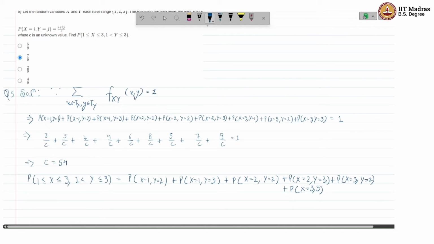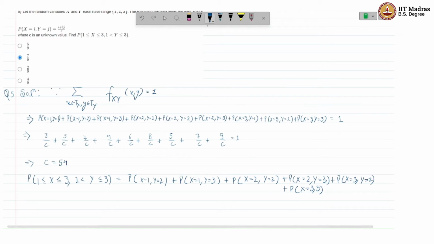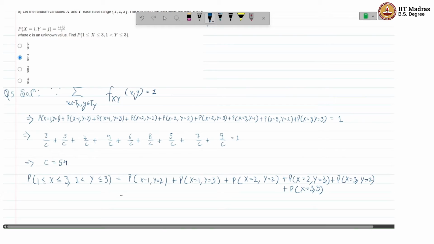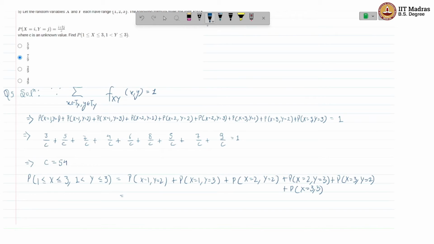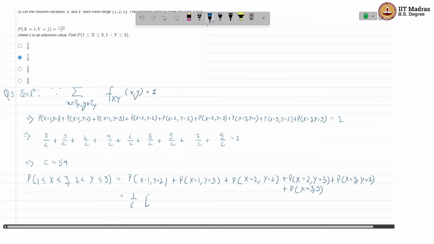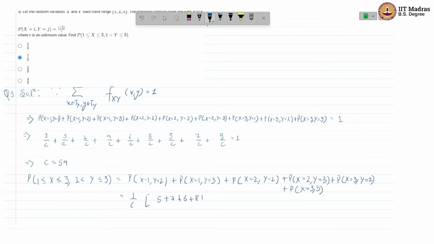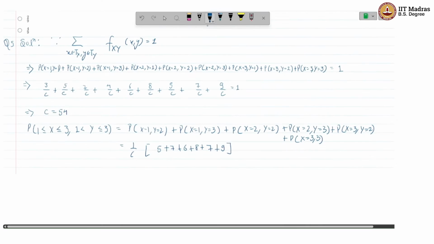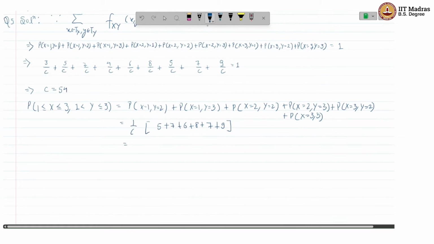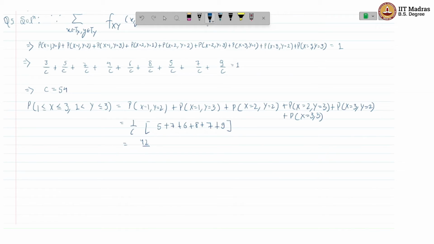So this will be equal to what? We'll simply find the values of probability by putting xy in PMF. And let us take out 1 by C common from all the terms. So we'll get 1 by C (5 plus 7 plus 6 plus 8 plus 7 plus 9). Okay, and this will be equal to 42 and put the value of C which is 54. So the required answer is 7 by 9.